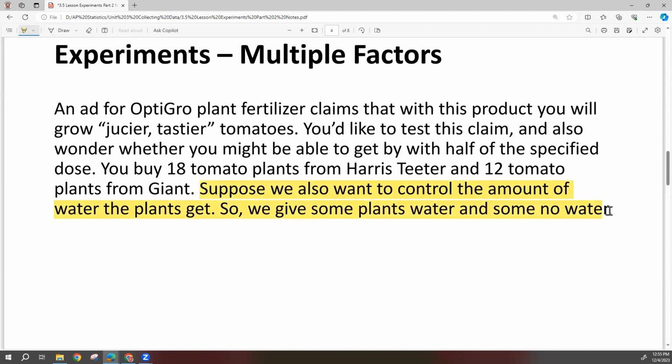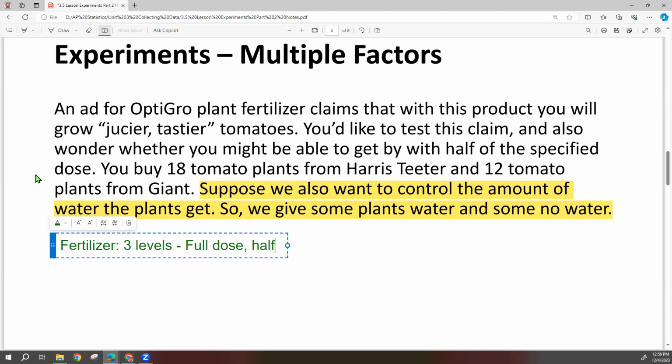And so more than just the fertilizer, we want to control the water. So now we are talking about two different factors. We have fertilizer at 3 levels. We had the full dose, half dose, and we had none.